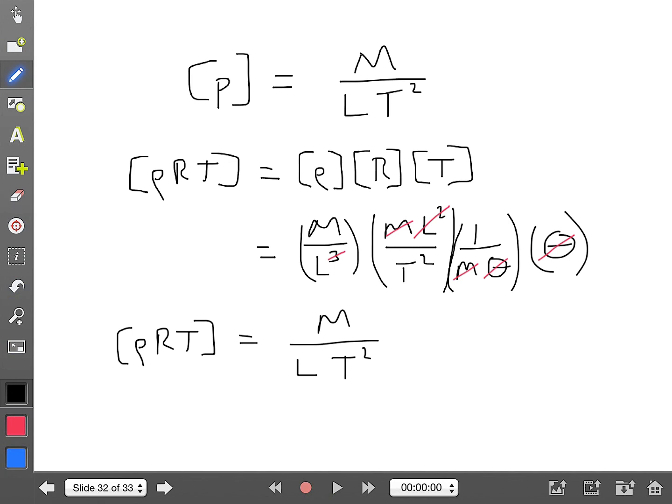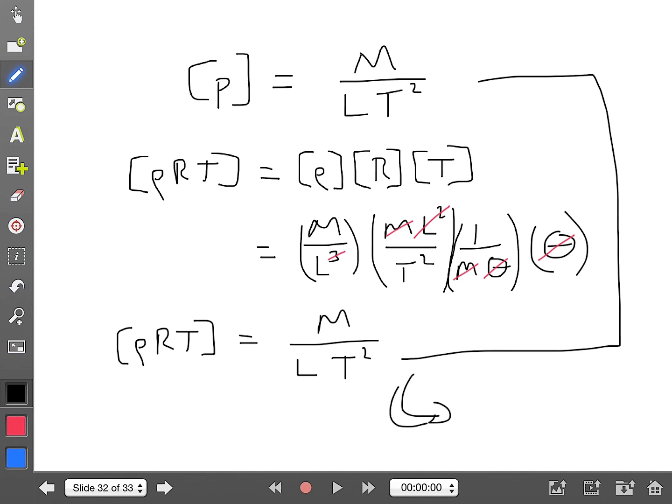And we can see that we have proved that these 2 dimensions imply dimensional homogeneity, or what we sometimes abbreviate as DH. So we have proved that the ideal gas law is dimensionally homogeneous. And you'll be doing this for the Bernoulli equation on your homework.